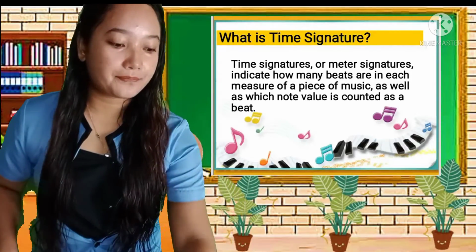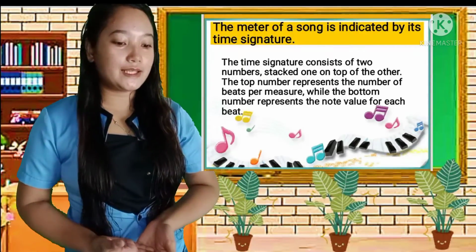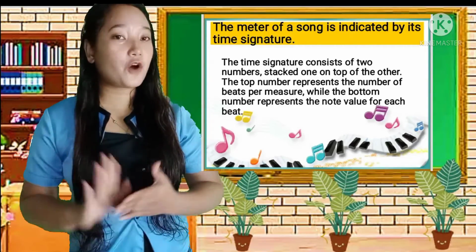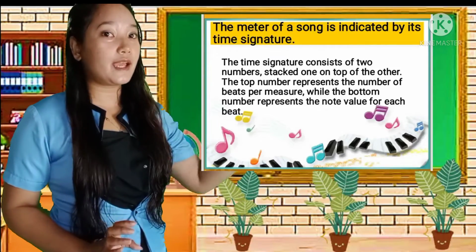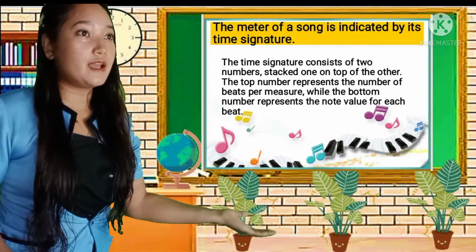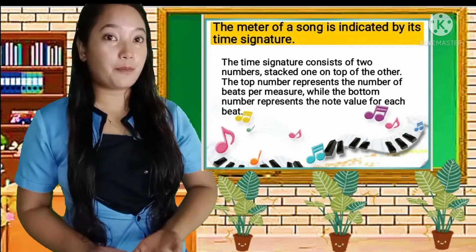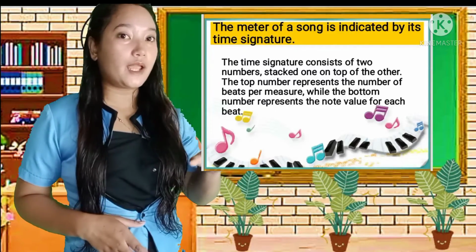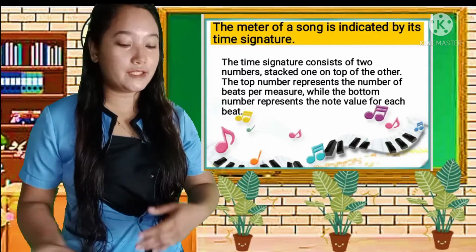And then, the meter of a song is indicated by its time signature. So of course, the time signature indicates how many beats are put in music. So it means that it is very important because we can't put any beats in music without a time signature.